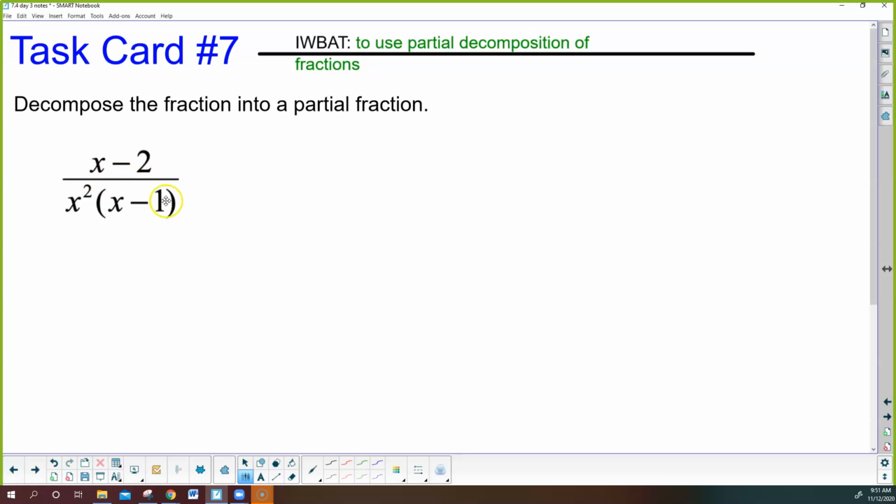So how was it originally written when it was the addition or subtraction of multiple factors? Now you'll notice the bottom, it's a little different again. We have an x squared and we have an x minus 1. So it's completely factored already for us, which is nice. We don't have to factor it anymore.